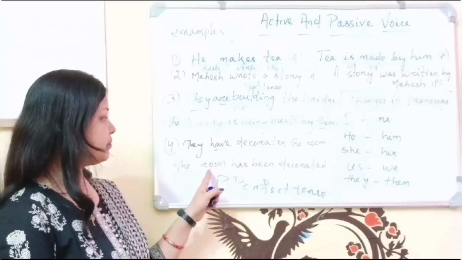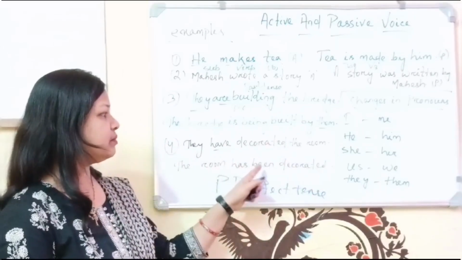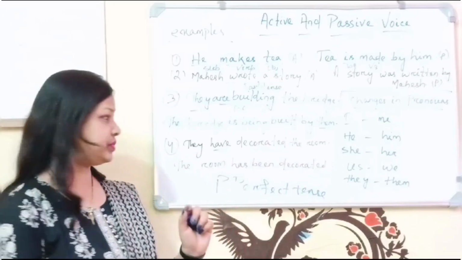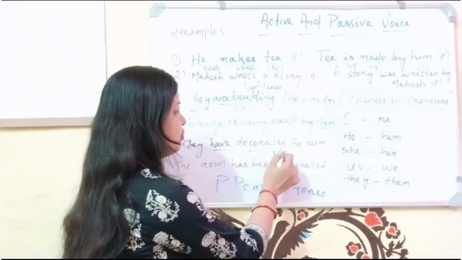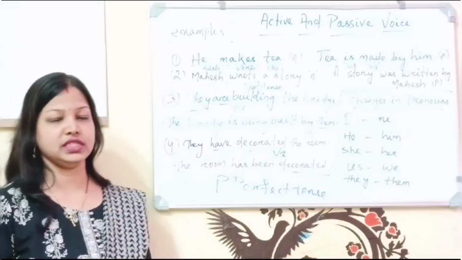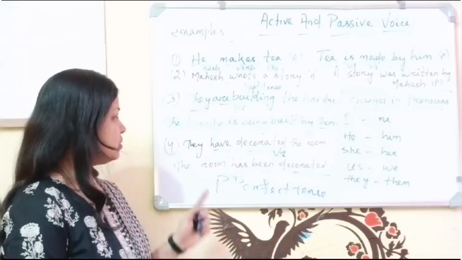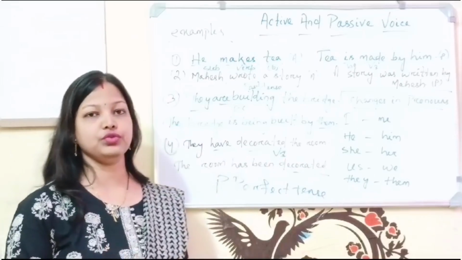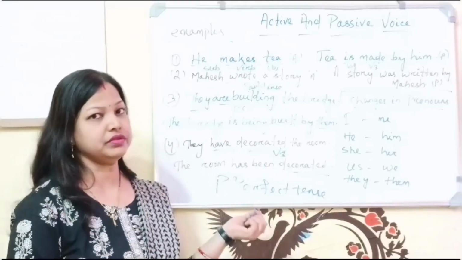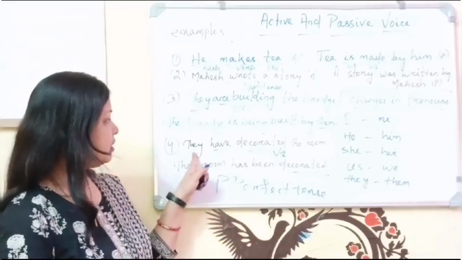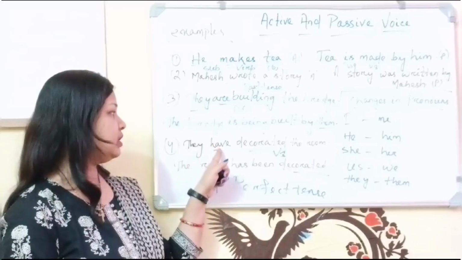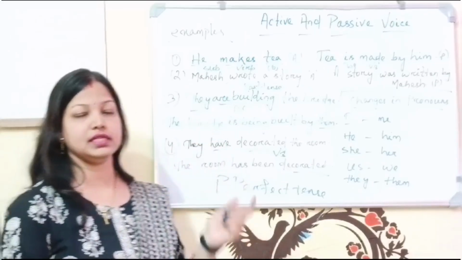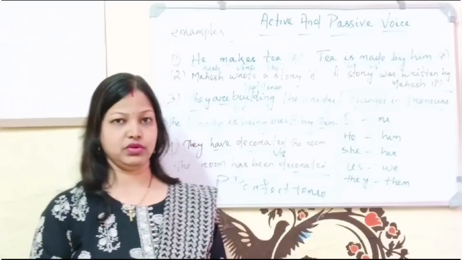So here, the room has been decorated. Has plus been plus verb 3. Decorated is already verb 3, so there is no change. Okay. So why did we use has with the room? The room is singular, that's why I have written has here. They was plural, that's why we used have here. So in this way you can understand active and passive voice.